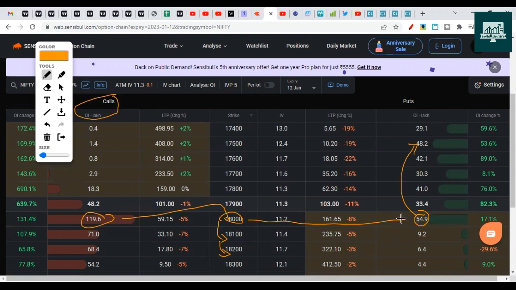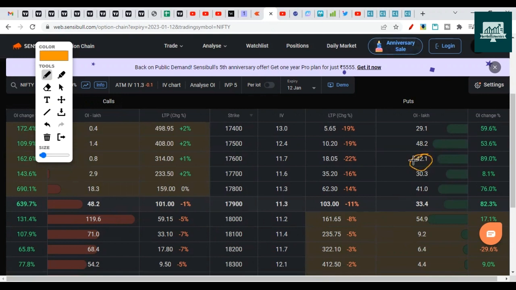Now what happens in the next session? We have to be careful. If Nifty manages to close below 18,000, then there is a chance that we slip on the downside. This is another support that we need to watch for. Positions will start building around 17,600.